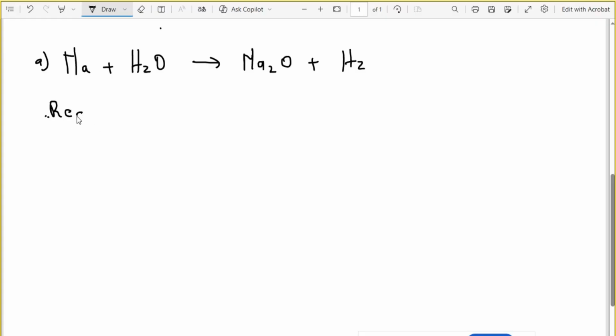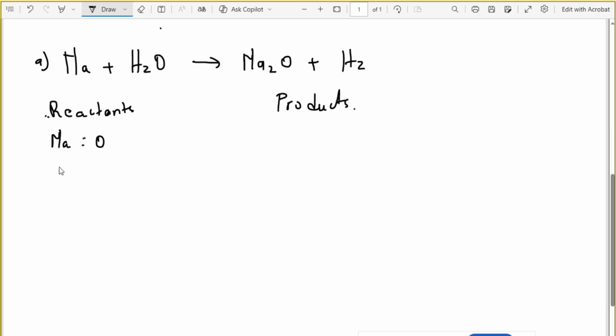We need to write the reactants and then the products. Let's first start with the sodium. What is the oxidation number of sodium? Exactly. So this is an uncombined element, so the oxidation number is 0.